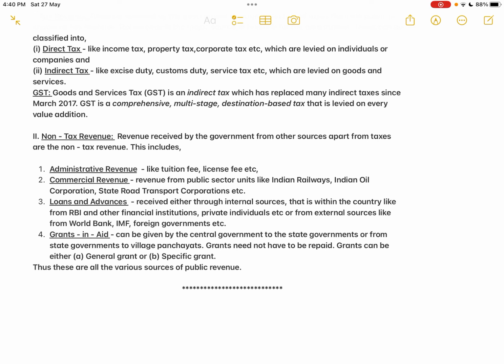Grants can be either a general grant, in the sense that the funds received through a general grant can be used for any purpose, or a specific grant, which is provided only for a special purpose. For example, to improve the healthcare facilities or the educational facilities in a particular region.